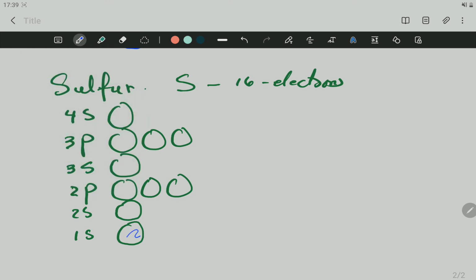Let's start counting: 1, 2, 3, 4, 5, 6, 7, 8, 9, 10, 11, 12, 13, 14, 15, 16. This is the diagram for sulfur. It's also called the Aufbau diagram.